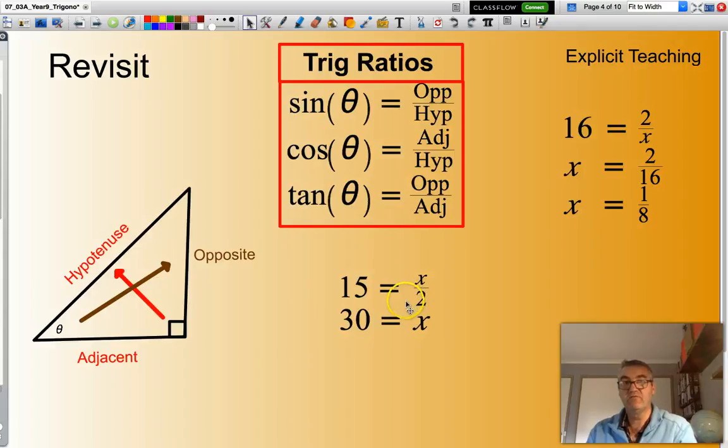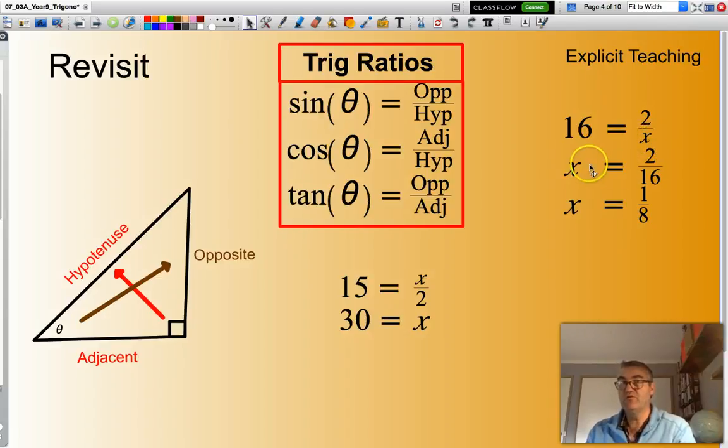To solve this, I apply the inverse operation to dividing by 2, which is multiplying by 2. So effectively I'll multiply both sides by 2, and that will give me x equals 30.